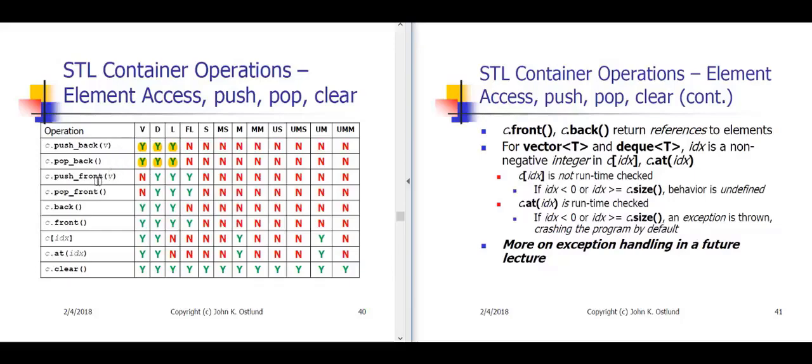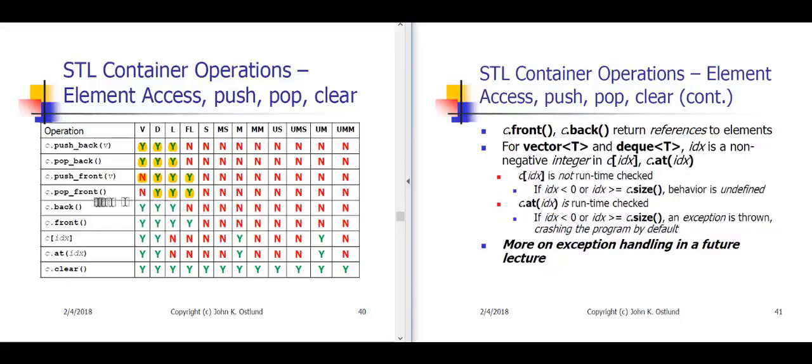Push front, on the other hand, is inefficient for vector, but it's efficient for deck, list, and forward list. Forward list is only efficiently modifiable at the front, whereas vector is only efficiently modifiable at the back.